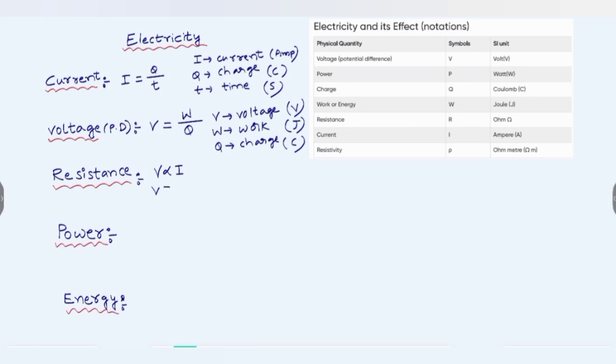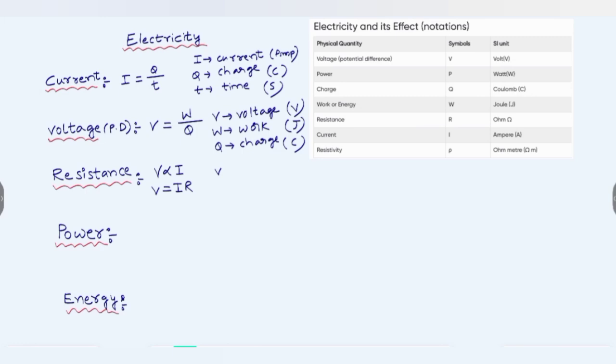From this we write V is equal to IR, where R is the proportionality constant. This is the third important formula that we have to remember in the electricity lesson.